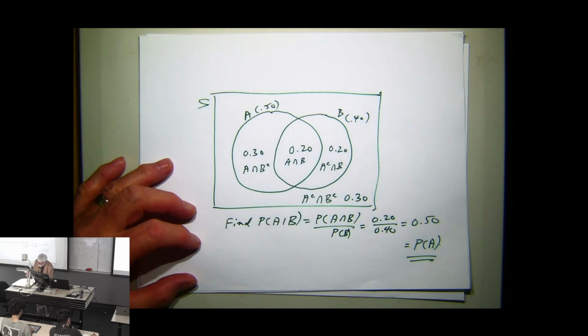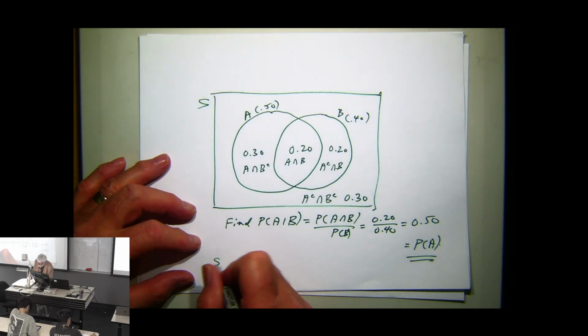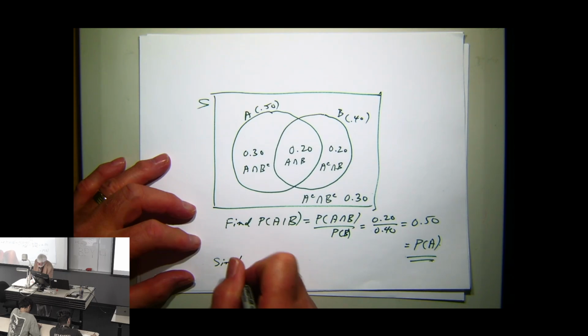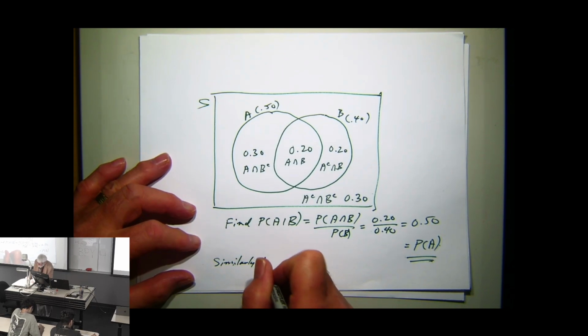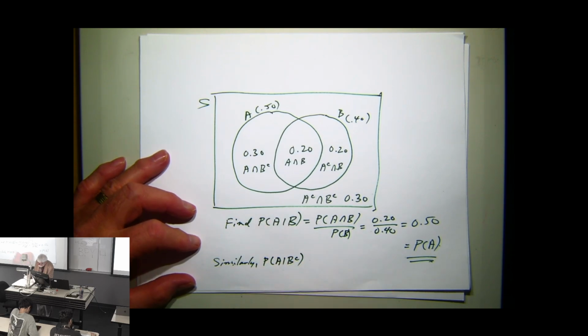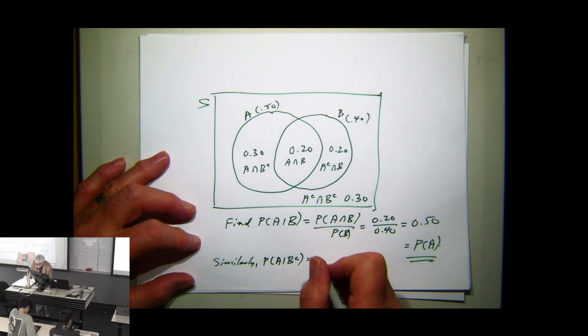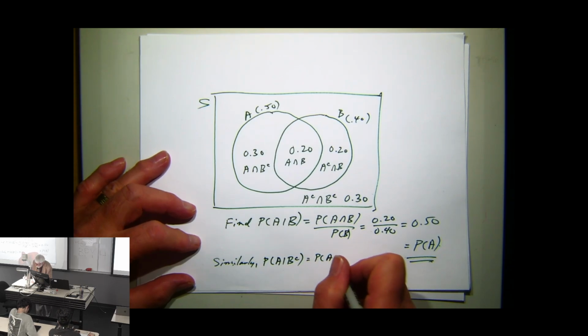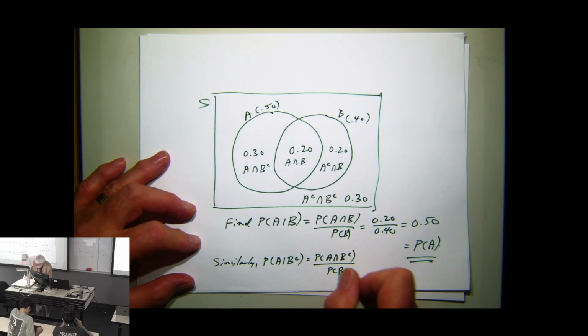Similarly, you could have found, for example, the probability of A given B complement, and that would have been the probability of A intersect B complement over the probability of B complement.